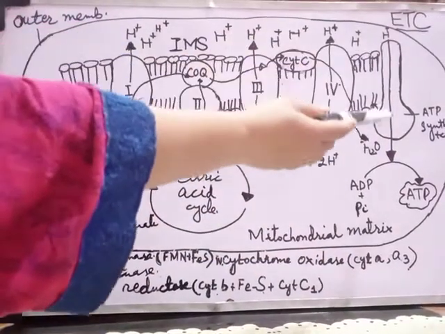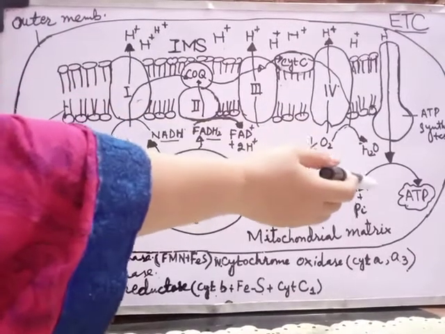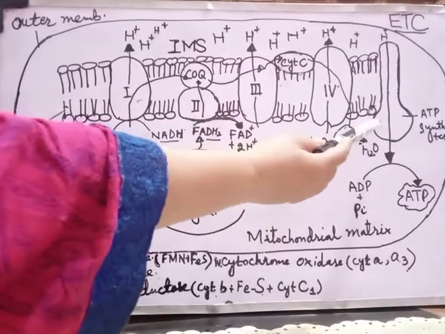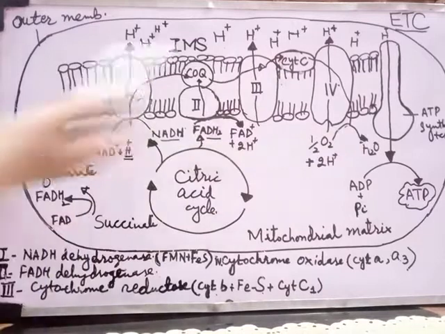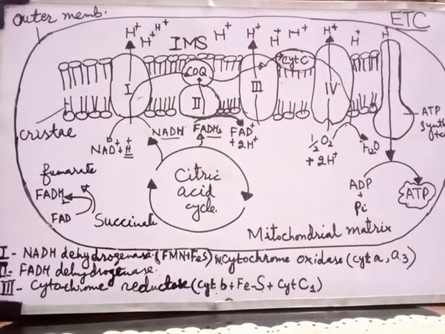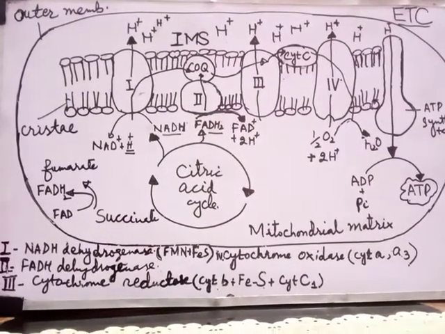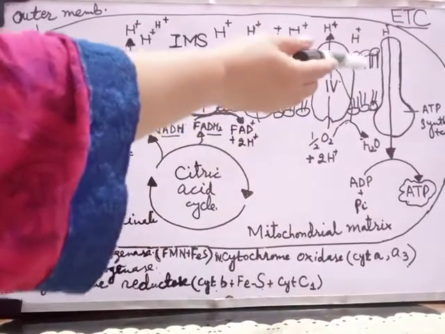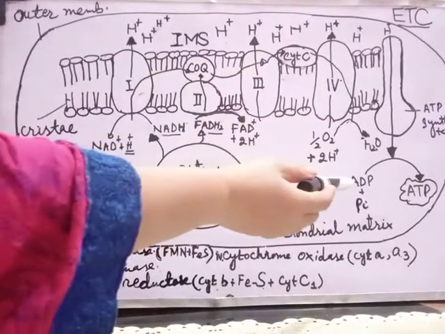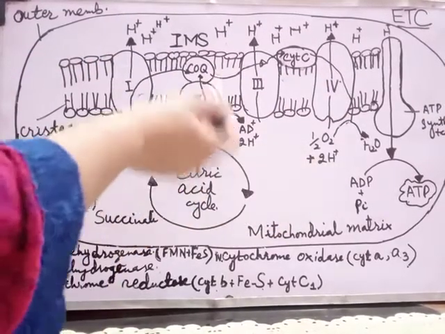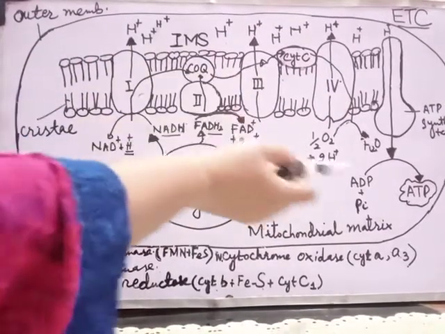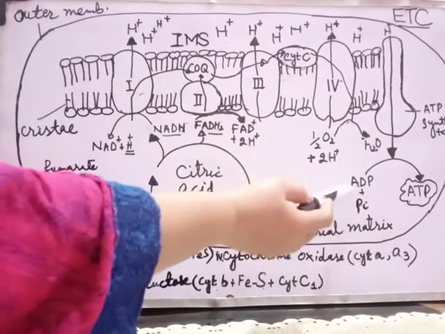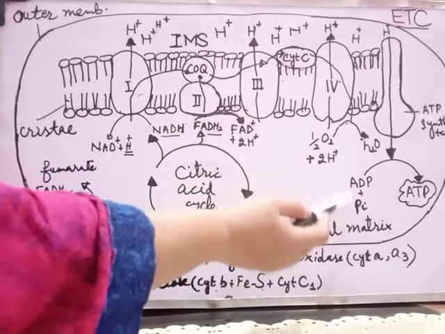When these hydrogen ions move back into the mitochondrial matrix, they stimulate an enzyme present in the oxysomes or stalked particles, which is called ATP synthetase. This enzyme uses the potential energy of the hydrogen ions, which was trapped during the downhill movement of the electron, to make a bond between ADP and inorganic phosphate.